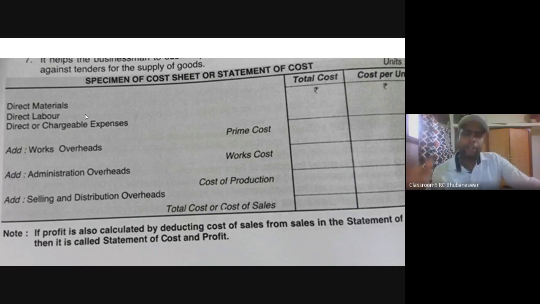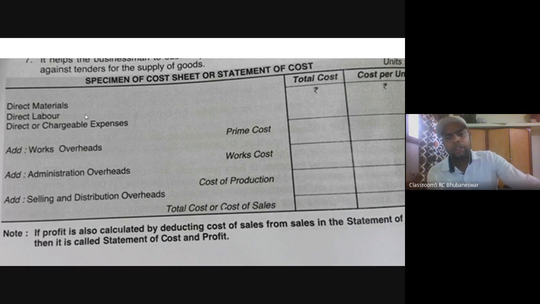If the desired profit is given, let's take for example 20% on cost price, then after finding out the total cost, you will add 20% of total cost, in brackets profit. So profit is equal to 20% of CP, total cost. After adding total cost with the profit part, we will get the selling price.